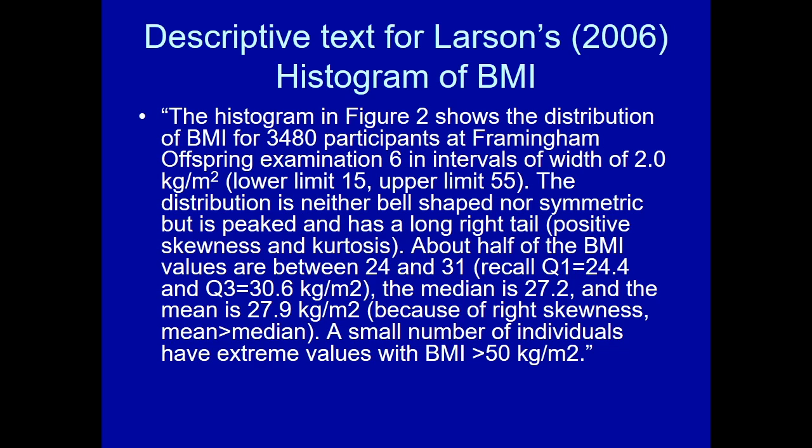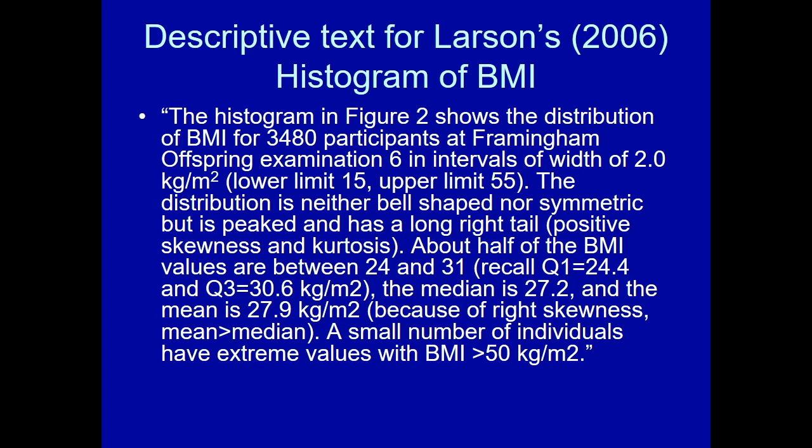Because of right skewness, the mean is greater than the median. A small number of individuals have extreme values with BMI of over 50 kilograms per meter squared. So that's a description of figure 2 from the BMI in the Framingham study.